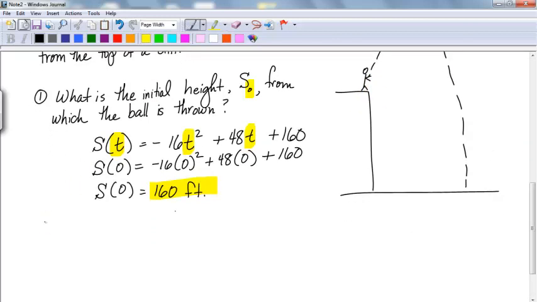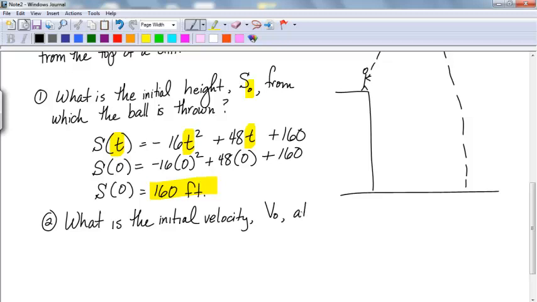Okay. Second question. What is the initial velocity, V sub 0, at which the ball is thrown? And we set up above, velocity is the first derivative.